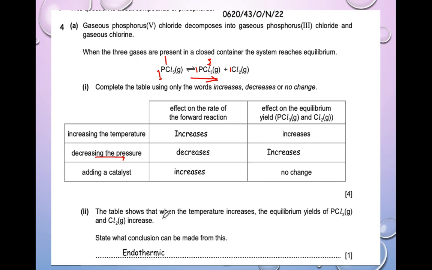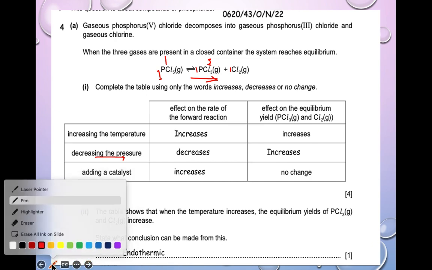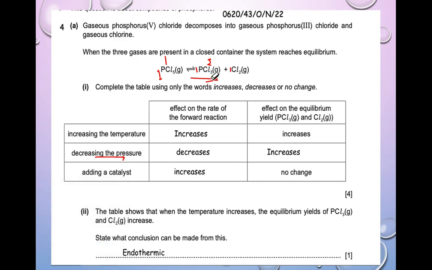And then the table shows that when the temperature increases, the equilibrium yields of phosphorus trichloride gas and chlorine gas increase. State what conclusion can be made from this reaction. How do we know whether this reaction is an endothermic or an exothermic reaction?